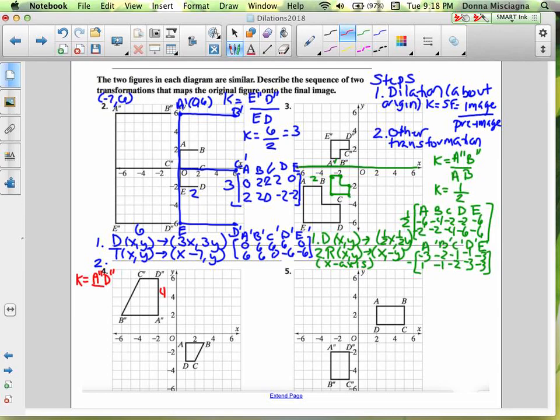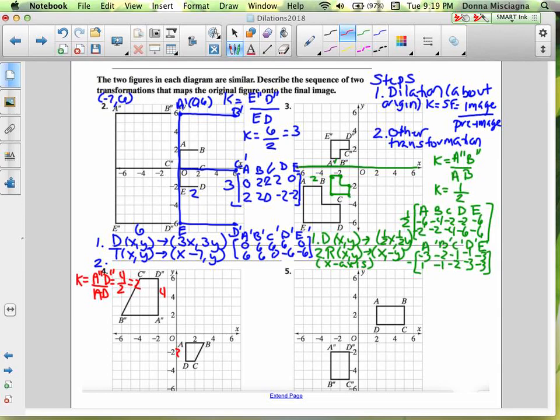And our pre-image, so the image over pre-image, AD, that's 2. So 4 divided by 2, that's 2. That's our scale factor, right? So we know what our scale factor is for our dilation. Now we just need the second part of it, which is whatever else we have to do. So let's figure out where it's supposed to go.